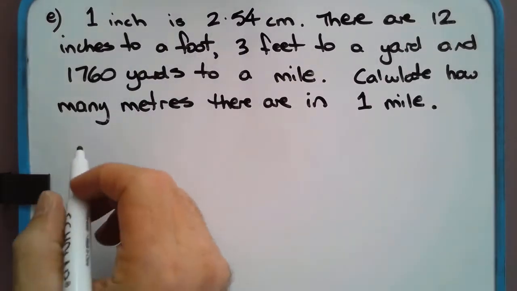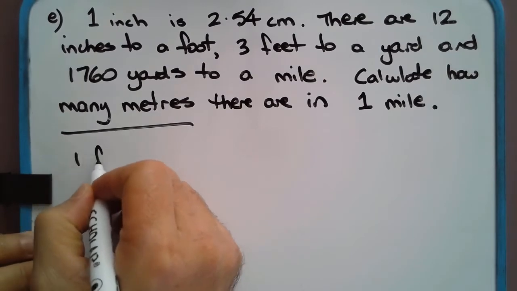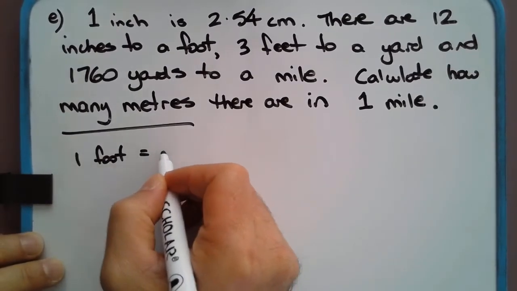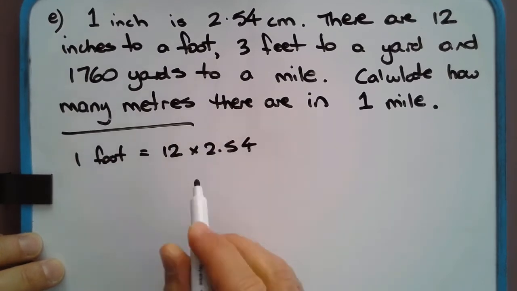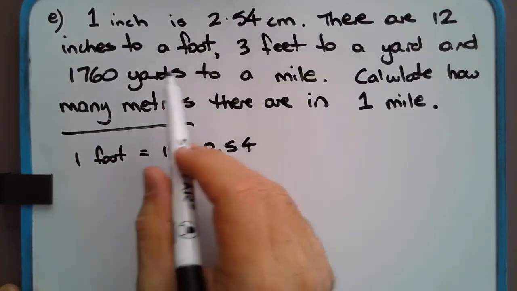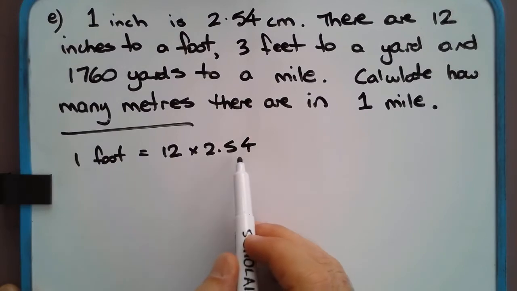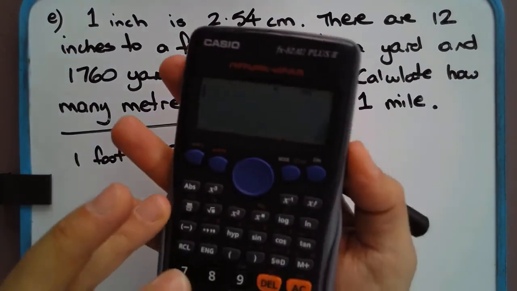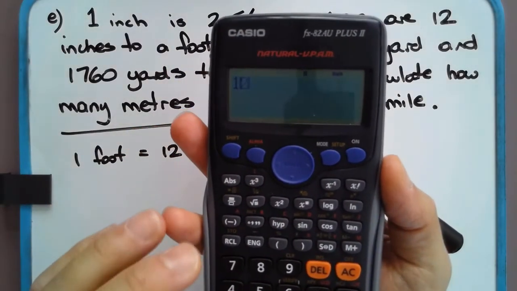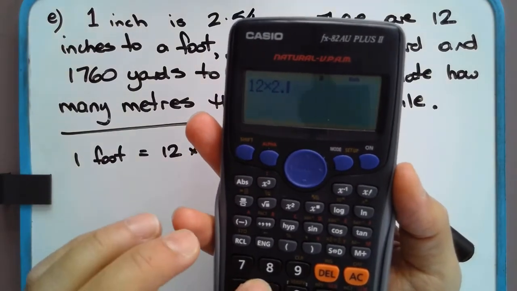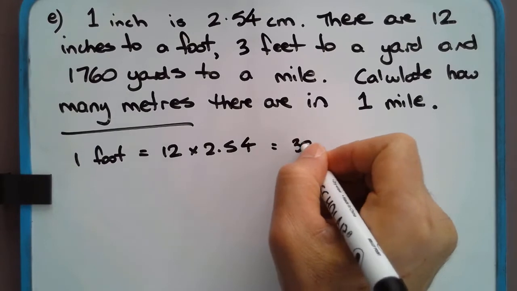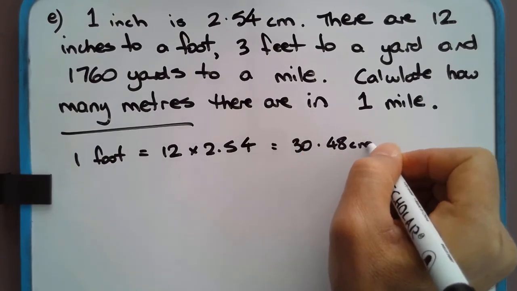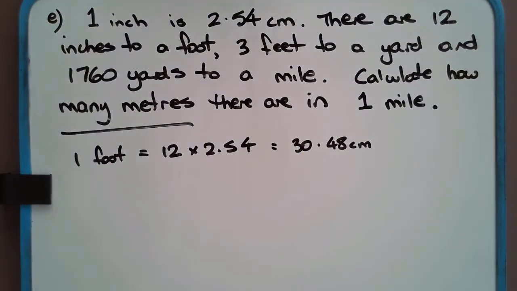So how many centimeters is that? 1 foot is equal to 12 times 2.54. This one I certainly will be using a calculator for. And you've got 30.48 centimeters. That's 1 foot.